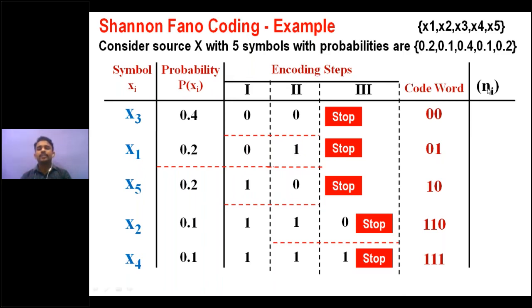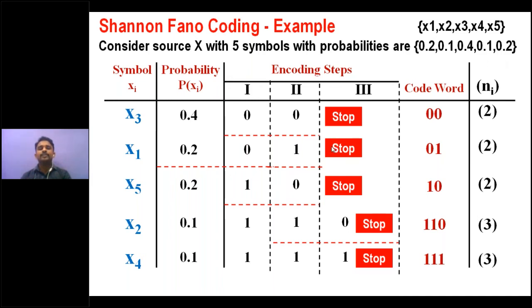That is nothing but n suffix i. Now see, in the first code word, how many bits do we have? 2. In the second code word, again we have 2. In the third code word, again we have 2. Fourth code word, we have 3. And the fifth code word also, we have 3. Clear? So in this way, we will encode Shannon-Fano coding for any given symbol.